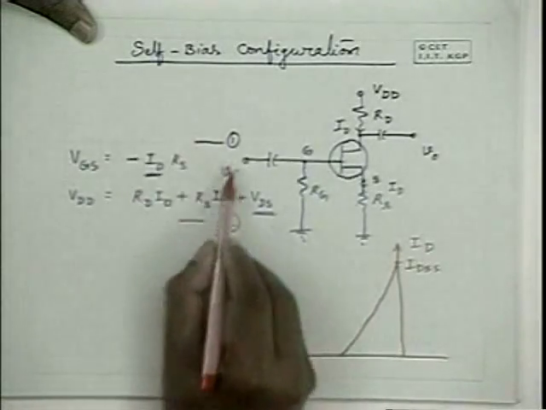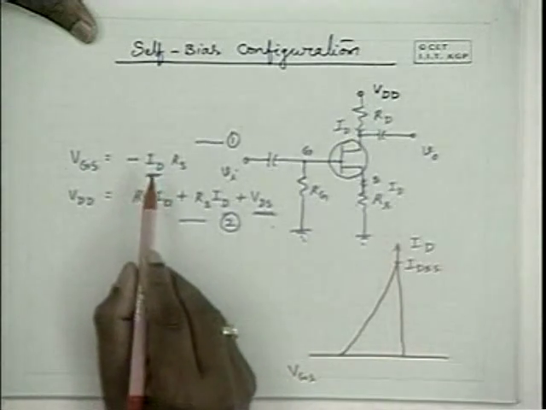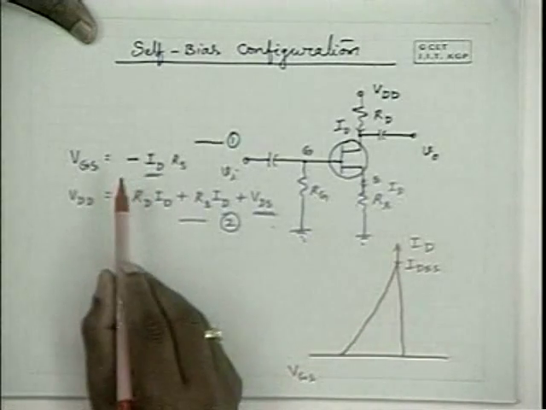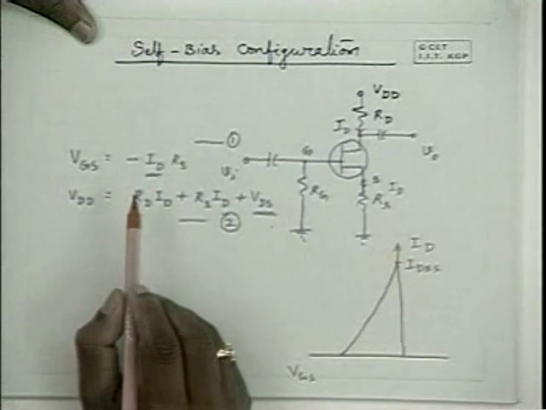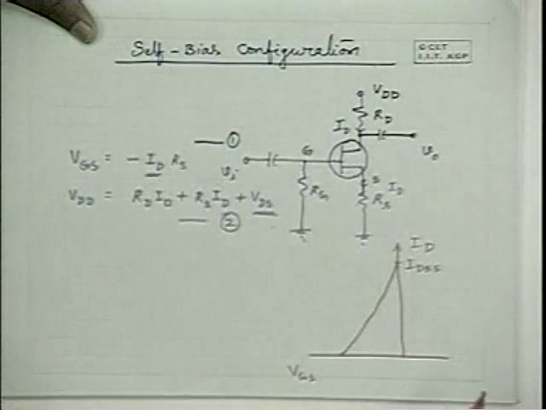Now if you look at equation 1, this is also between VGS and ID. These two equations are to be solved to find the particular value of ID which you get in this circuit.